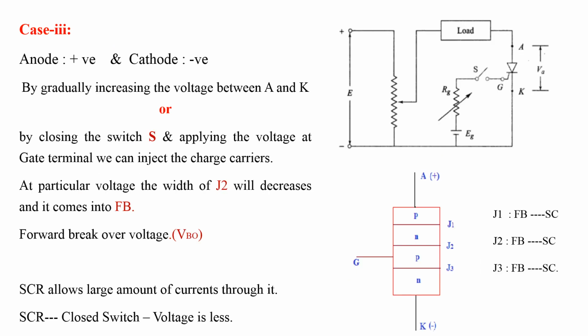Coming to the third case, this case is somewhat interesting. In this case also, we are going to apply the positive voltage across anode and cathode. After applying the positive voltage, by keeping the switches open, we gradually increase this positive voltage across anode and cathode, or by keeping this positive voltage constant and closing this switch, we inject the charge carriers by using this external voltage source.